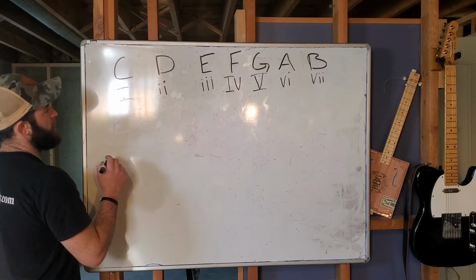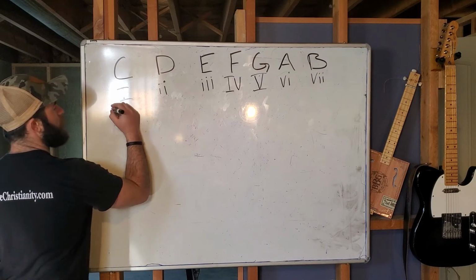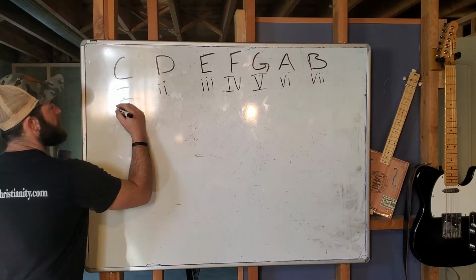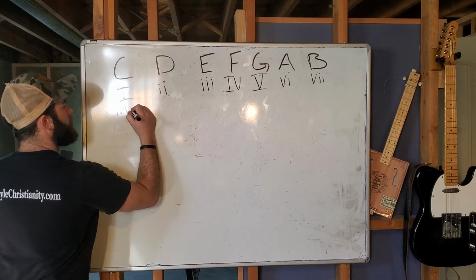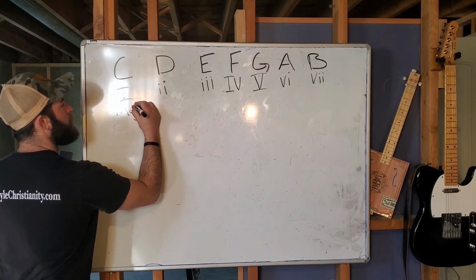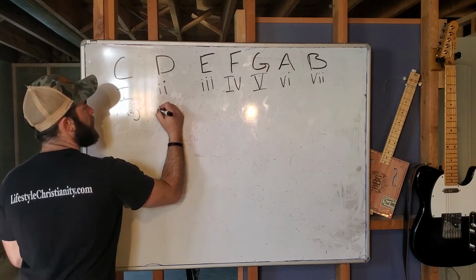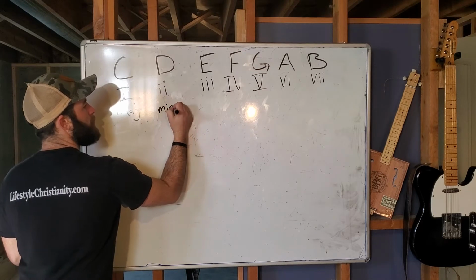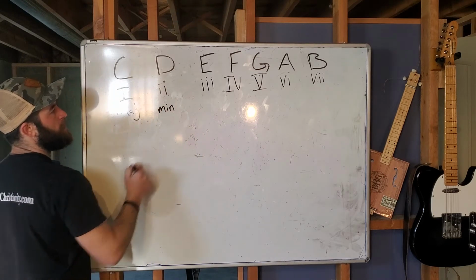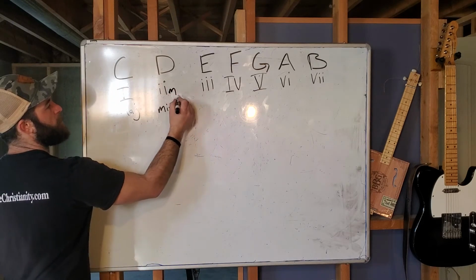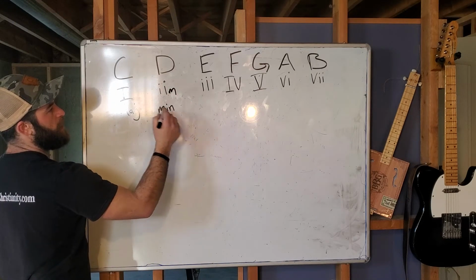So our first chord is always going to be a major chord, and I want you to just memorize this because it'll make sense to you as you go along. I'm going to write major. Your second chord in the key is always going to be a minor chord, min. And you can also write an M for those Roman numerals so that we know it's a 2 minor.